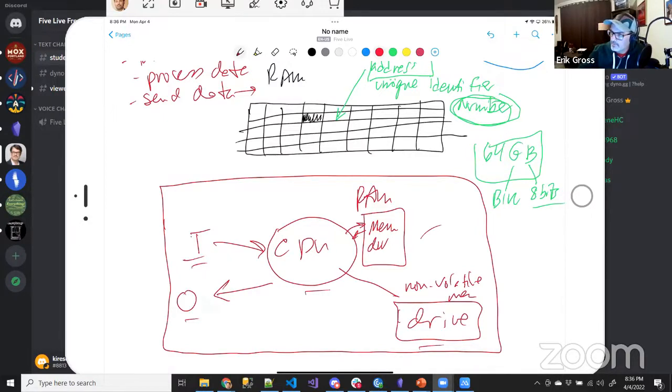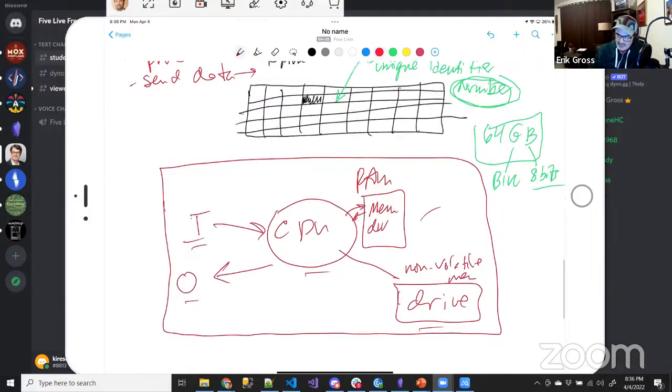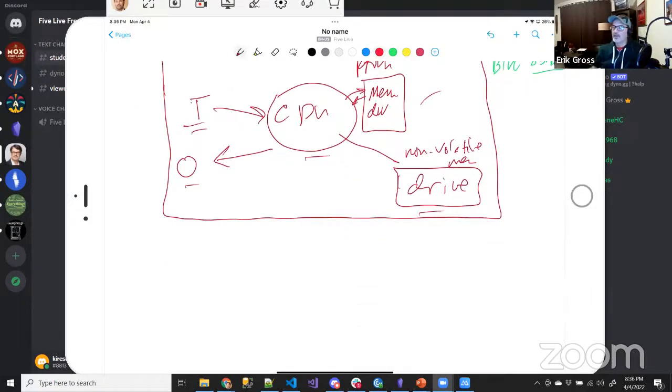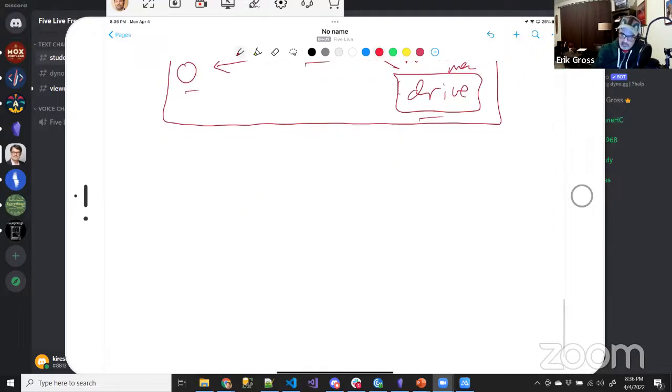All right. Now, I've talked about the fact that the computer sets stuff up and then does something, and then sets stuff up and does something. But what we're missing here is the exact cycle, because it's the same every single time. And this is what's called the machine cycle.